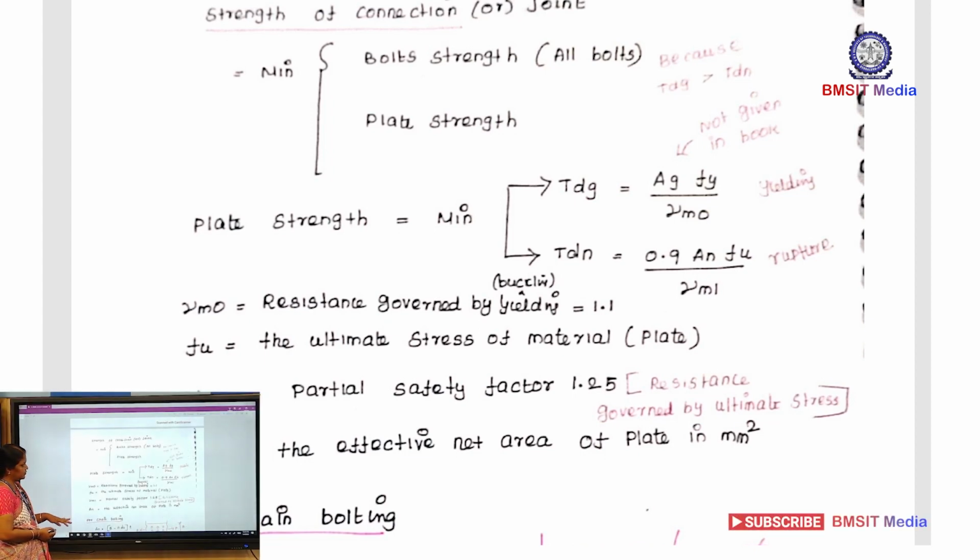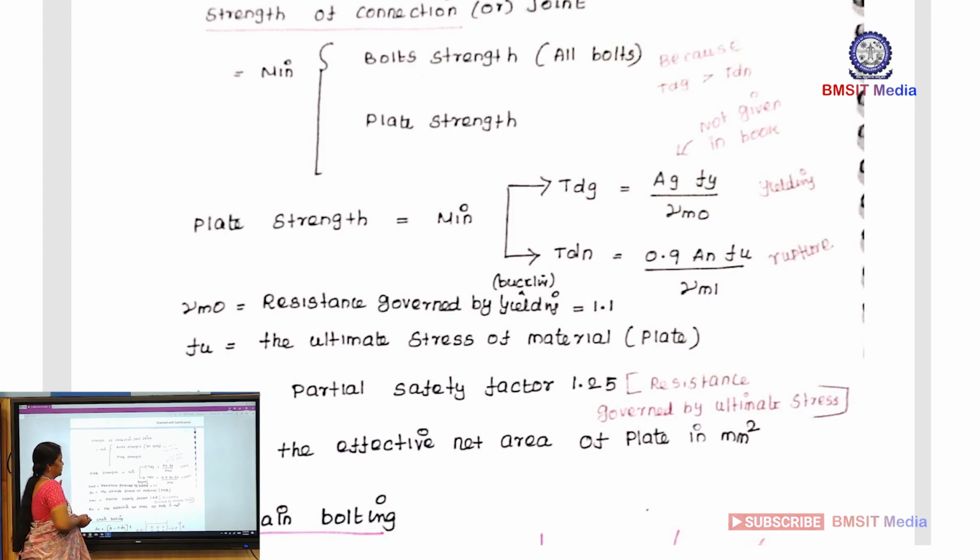So, here we have to find the strength of the bolt and also the strength of the plate, and take the minimum value of these two cases. Already we know how to find the bolt strength and plate strength. We have to use these two formulas, plate strength equals minimum.